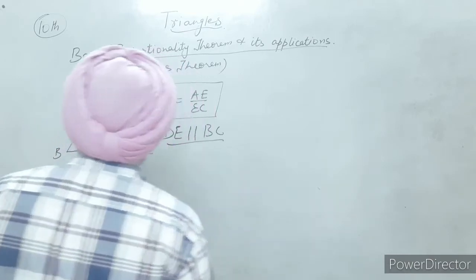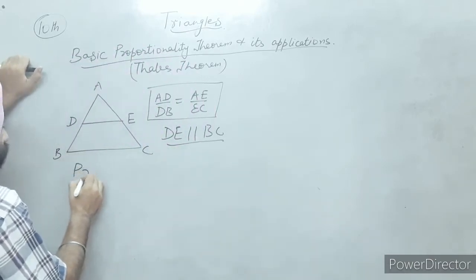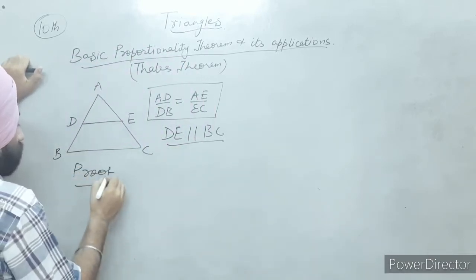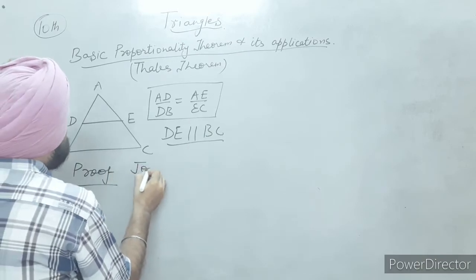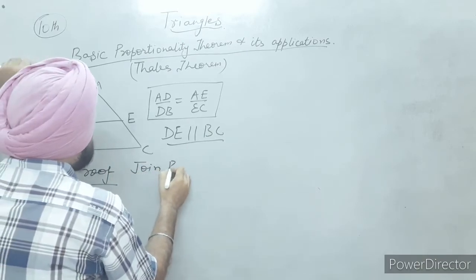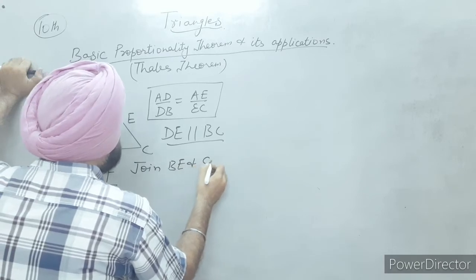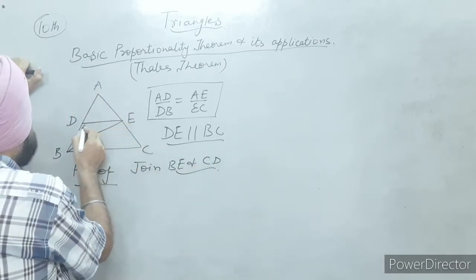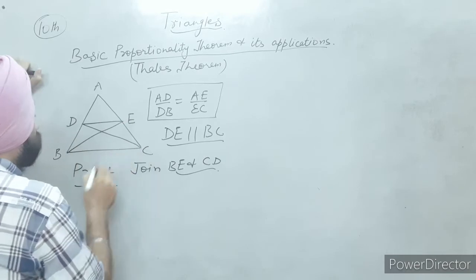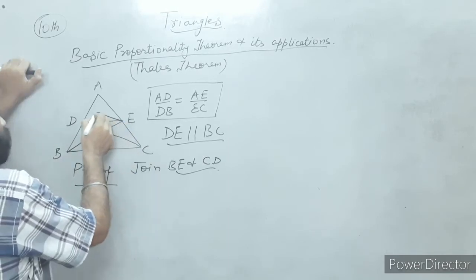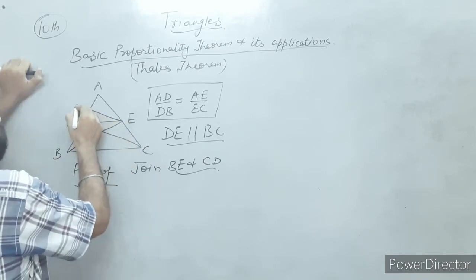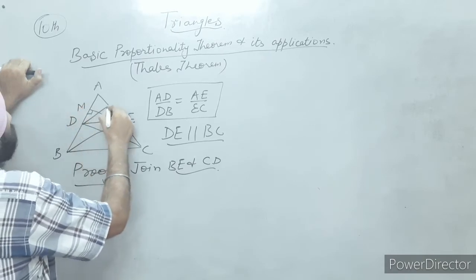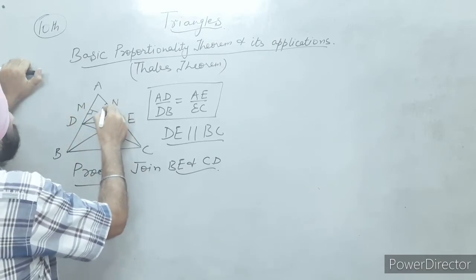Now how to prove it? The proof is, first of all, join BE and CD. I've joined. Now draw perpendiculars EM and DN like this.